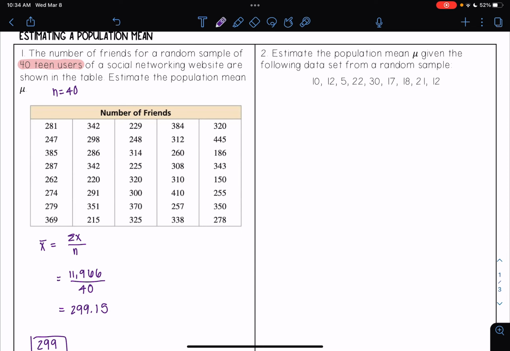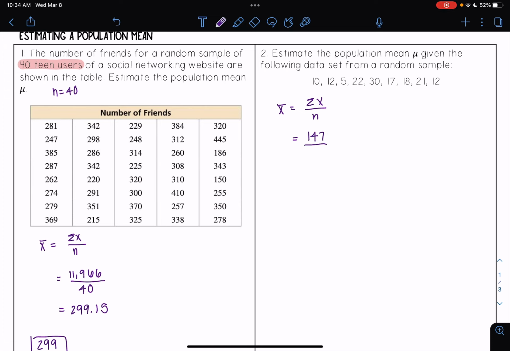Okay, let's look at another example. So this one says estimate the population mean mu given the following data set from a random sample. So again, I can use my formula for sample mean, that is the sum of x over n. So that means I'm just going to add up all of these numbers. So I do 10 plus 12 plus 5 plus 22 plus 30 plus 17 plus 18 plus 21 plus 12, and I get 147.